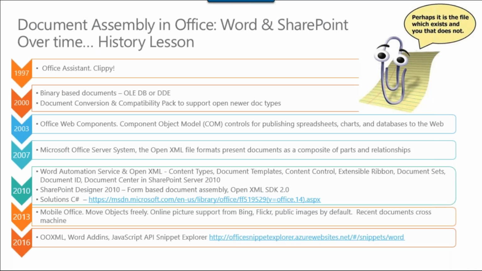But what really started to change things was when Microsoft in 2007 went with the OpenXML file format. And XML being part of, you could basically crack open your docx file and find that it was actually made up of multiple files itself.